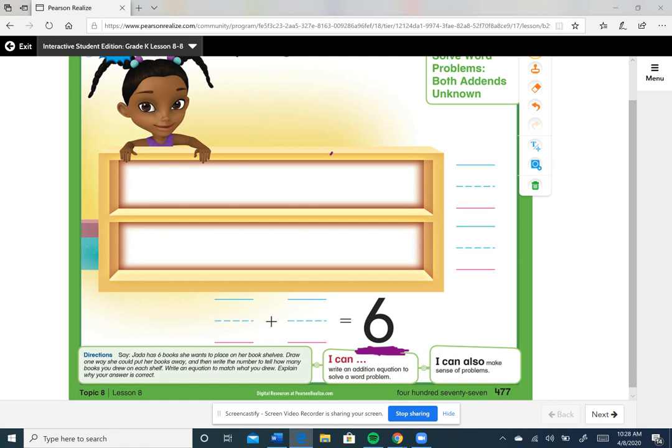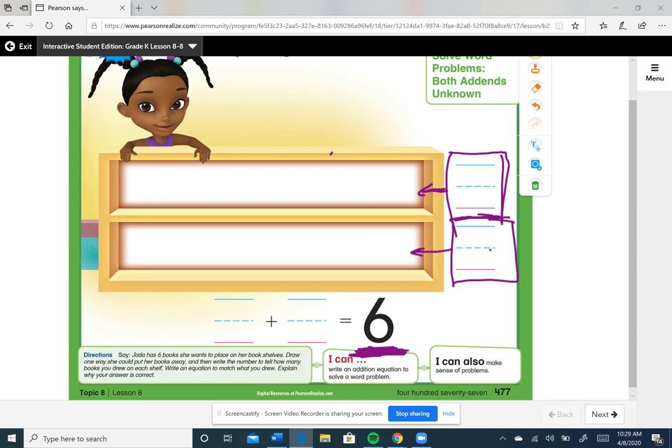All right, this blank on the grass right here goes along with this shelf, and this blank goes with this shelf, okay? So every book on the bottom shelf you write in this, and every one on the top you write on this blank. Now they need to equal what number? 6.